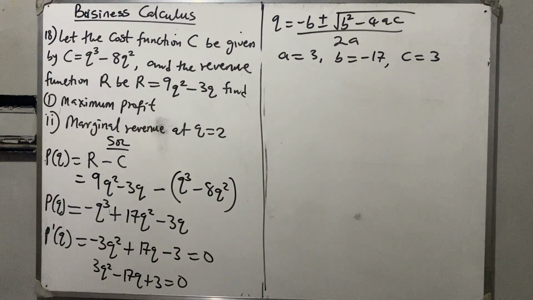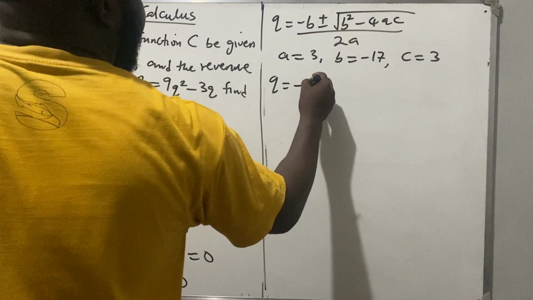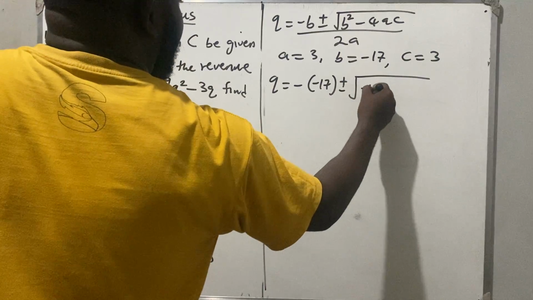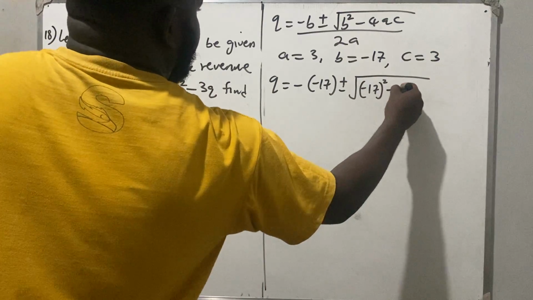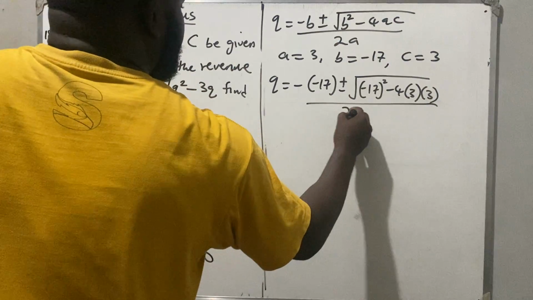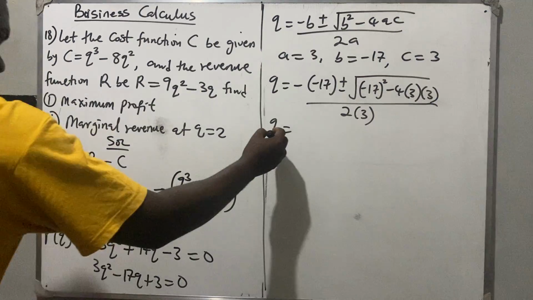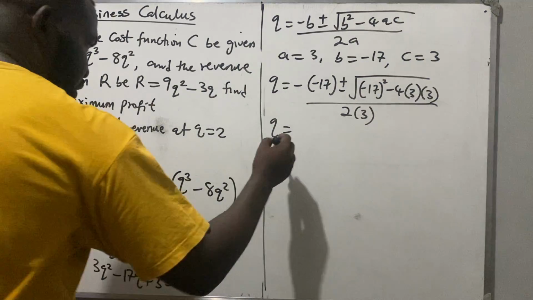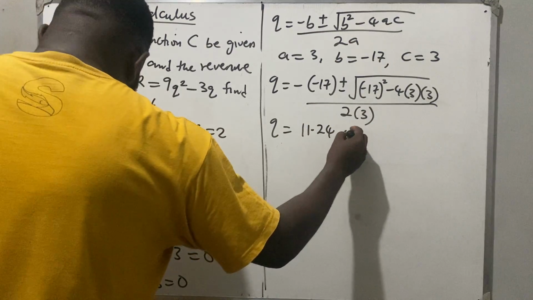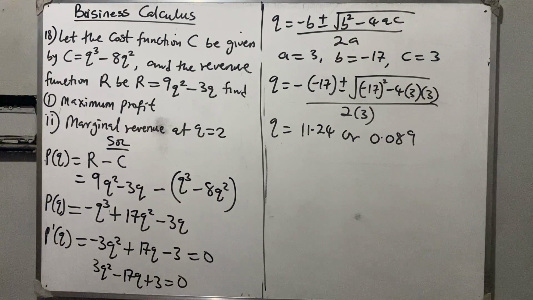If we substitute everywhere, Q will be minus minus 17 plus or minus the square root of minus 17 all squared minus 4 into 3 into 3, all over 2 into 3. When you clear it, Q will give you 11.24 or 0.089. These are the two values we got.